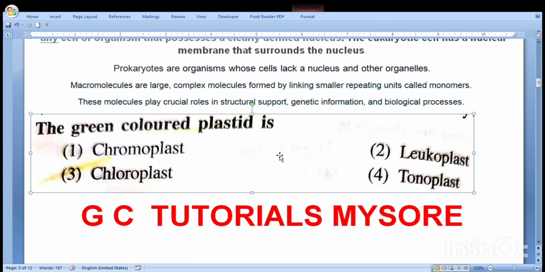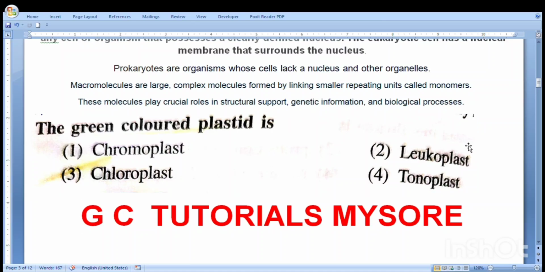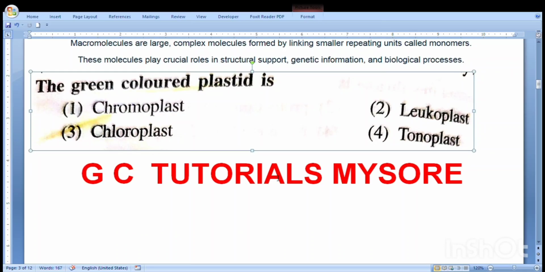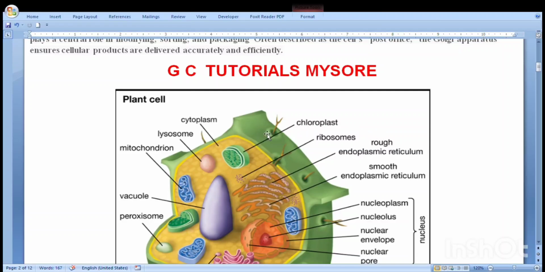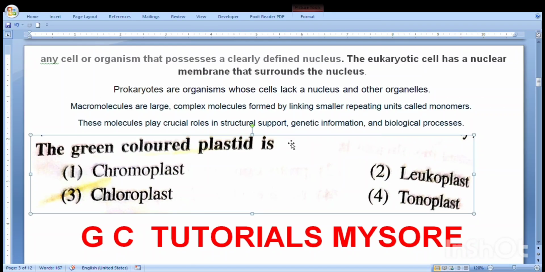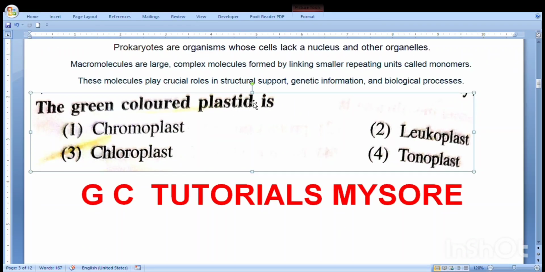Out of the four, the green colored plastid is the chloroplast, because the chlorophyll pigment is present in the chloroplast itself.